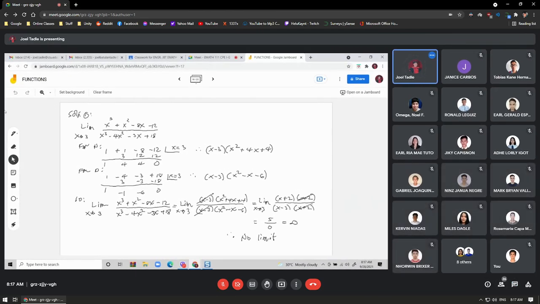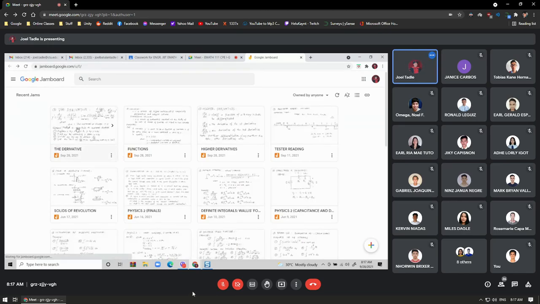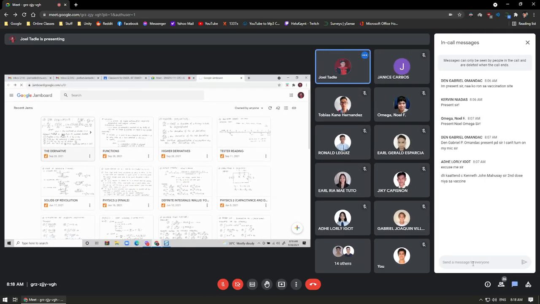Okay, so let's shift to the derivative. Let's discuss the derivative using the four-step rule.